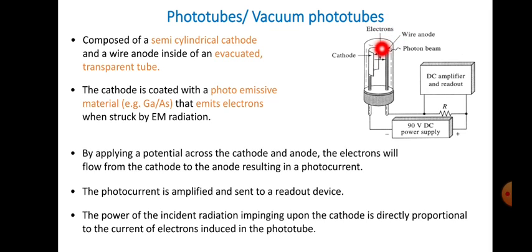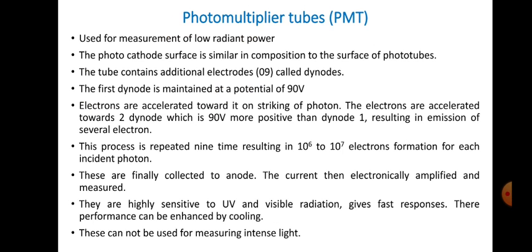So light will give electrons, which fall here on the cathode, and then move towards the anode and generate the current, right, and this current is directly proportional to the intensity of the radiation, right. So this is how we can detect the transmitted radiations or the amount of radiation which has been absorbed by the sample with the help of the phototube or the vacuum phototube.